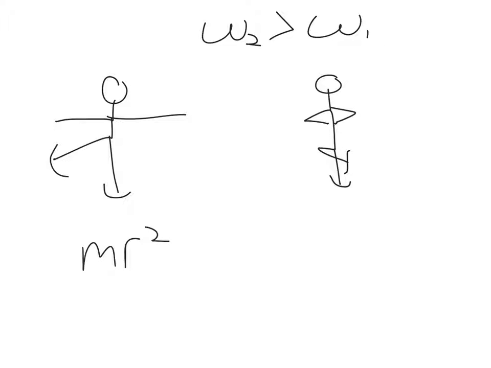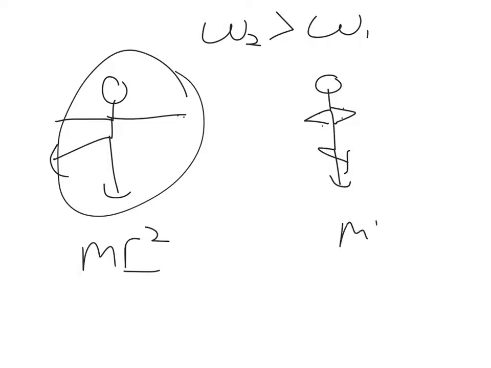Now that's mr squared for every point of mass that he has. But if you look in general on this side, all of his mass is at a farther radius from his center of mass, and over here a lot of the points are in the same position, like his spine has probably not changed much, but all of his arms and legs have generally moved closer, so that R value should be smaller over here.